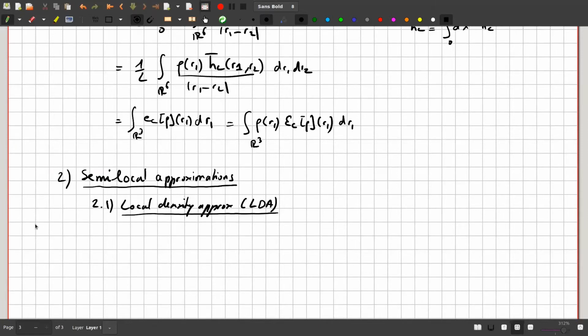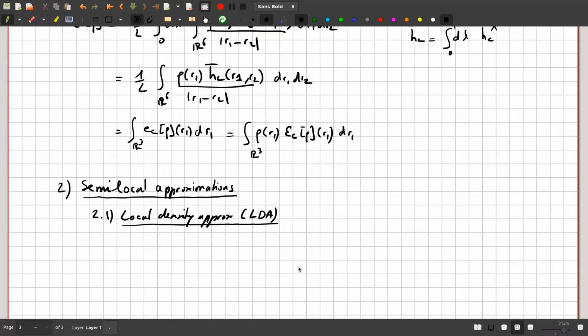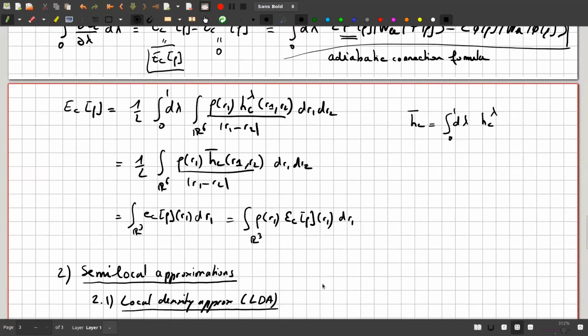Excuse me. So there is a question in the chat box about where the pair density is introduced because the locality of the exchange potential in the Kohn-Sham scheme was insufficient. No, it doesn't have to do with the exchange potential. It's simply that we prefer to have approximation in terms of local quantities.